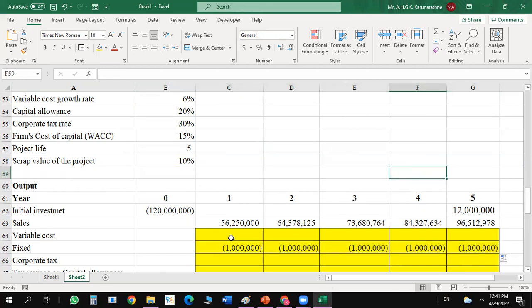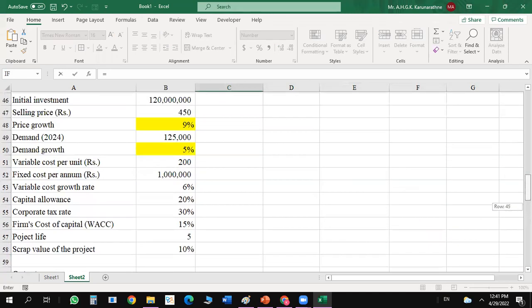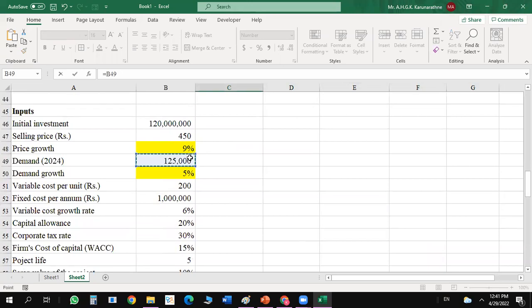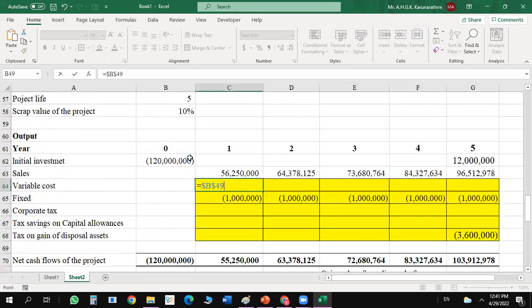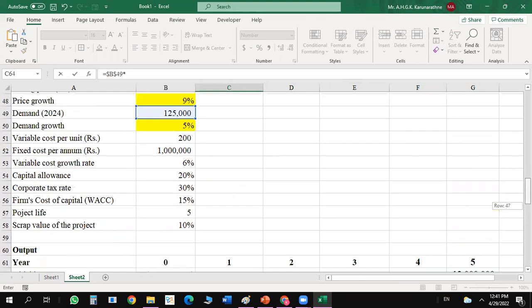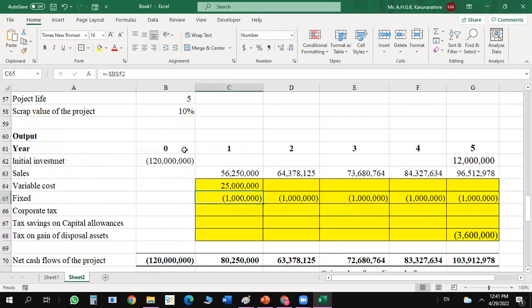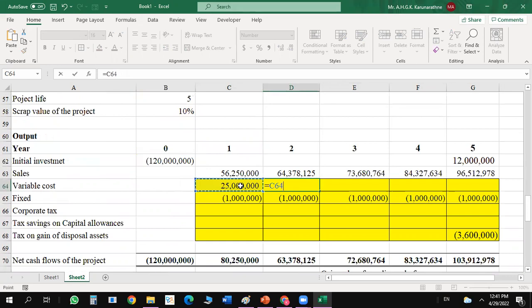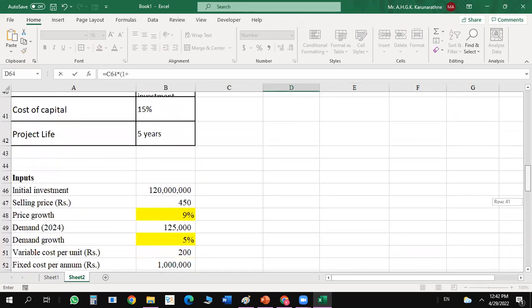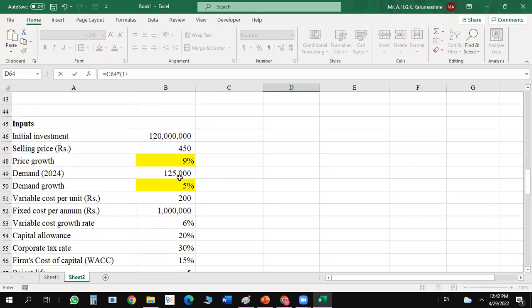Okay. Then variable cost දාන්න පුළුවන් quantity එක පාවිච්චි කරලා. Variable cost is equal year 1 එකේ quantity එක, F4 ගහලා fix කරමු, multiply year 1 එකේ variable cost එක 200යි. F4 ගාලා fix කරමු. එතකොට year 2 එකට යද්දී මෙයා grow වෙනවා. Multiply 1 plus demand growth rate එක, මොකද demand එක වැඩි නිසා product units වැඩියෙන් විකුණනවා, ඒ නිසා variable cost එක වැඩි වෙනවා.